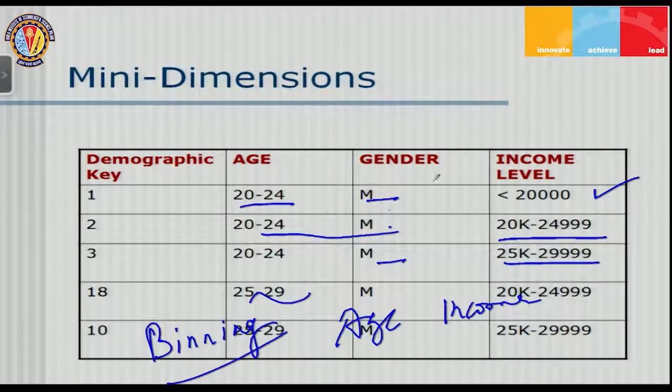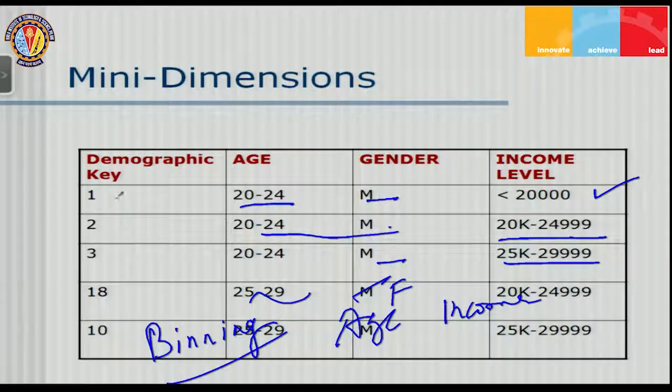It is not by design that there are all males in this particular example. There could be females also. It doesn't matter. So for all kinds of combinations, I put a demographic key.